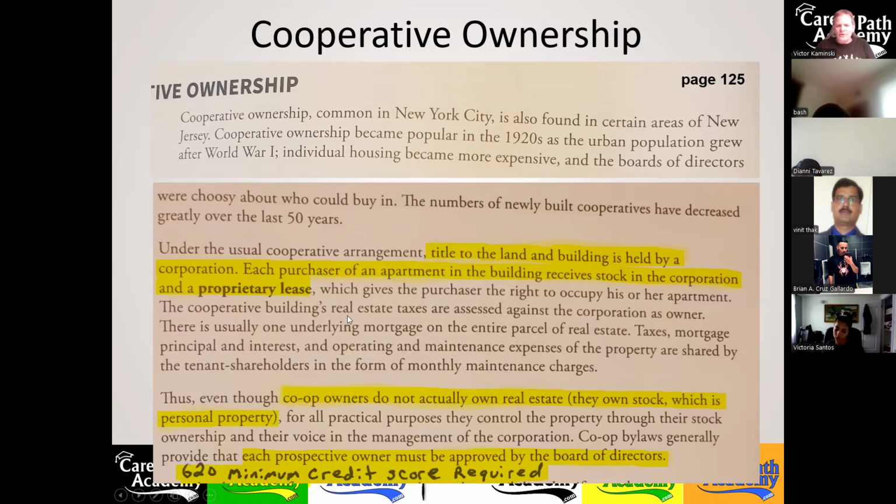The cooperative building's real estate taxes are assessed against the corporation as the owner. There's usually one underlying mortgage on the entire parcel of real estate. Taxes, mortgage principal and interest, and operating and maintenance expenses of the property are shared by the tenant shareholders in the form of a monthly maintenance charge, which is usually much higher than those in condominiums.